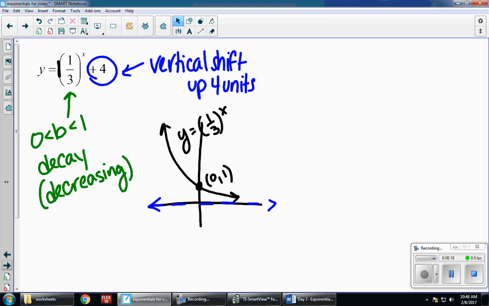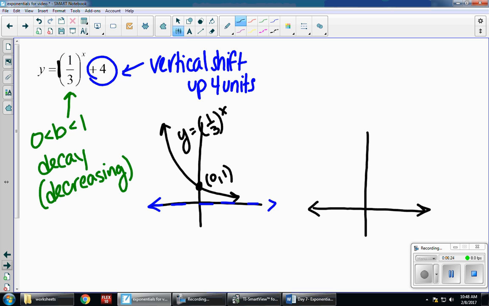That whole thing is going to move up 4 units. So that means that my y-intercept, which used to be at 0, 1, if I move it up 4, is now going to be at the point 0, 5. And I'm still going to have a decreasing function that looks like this.